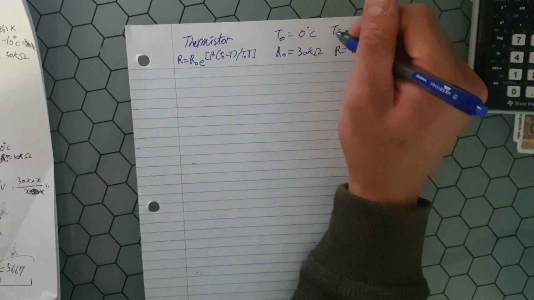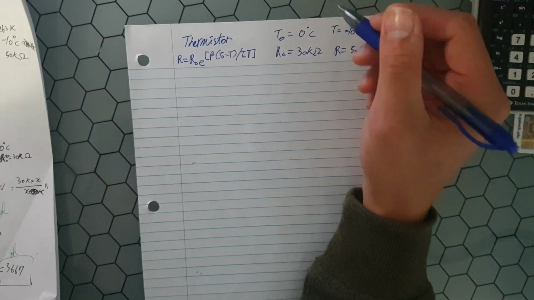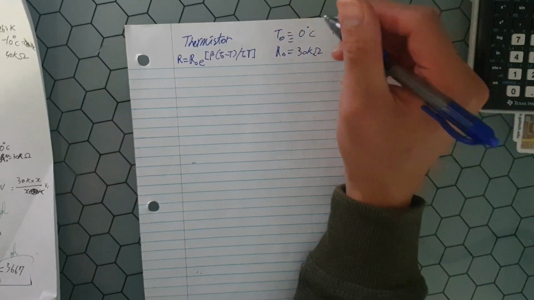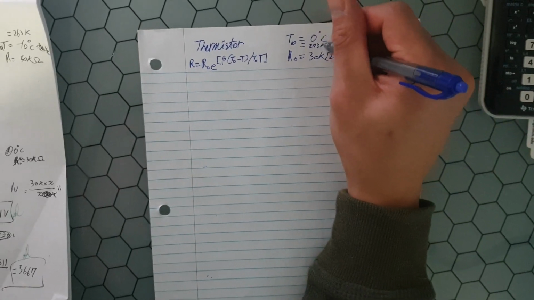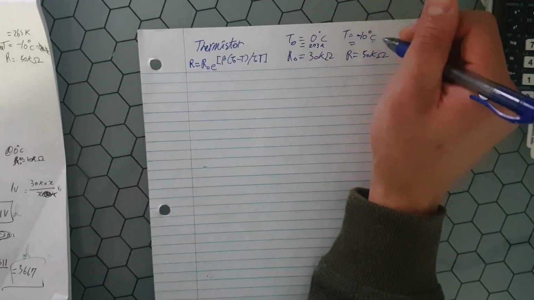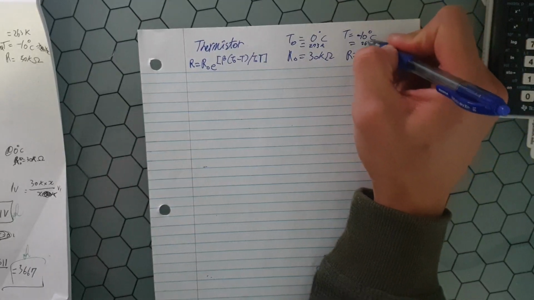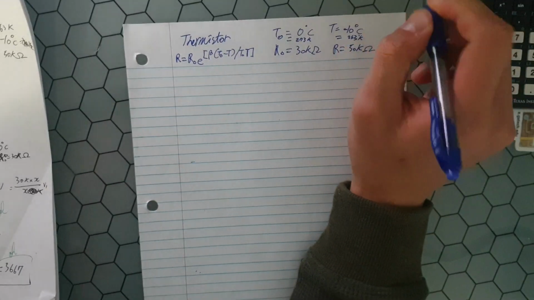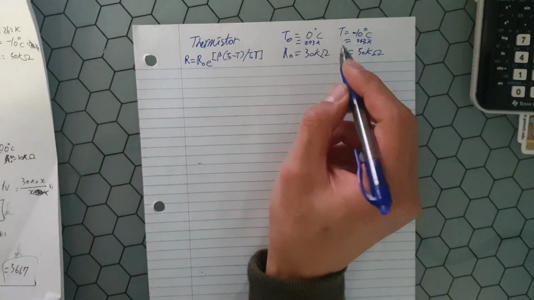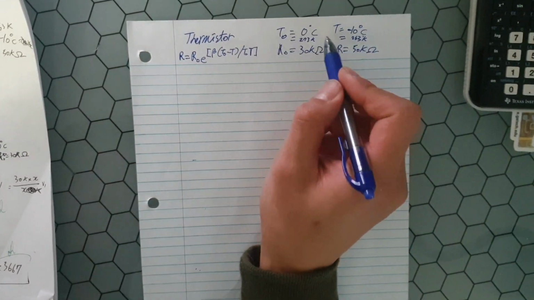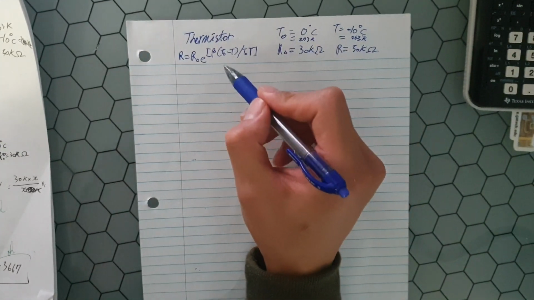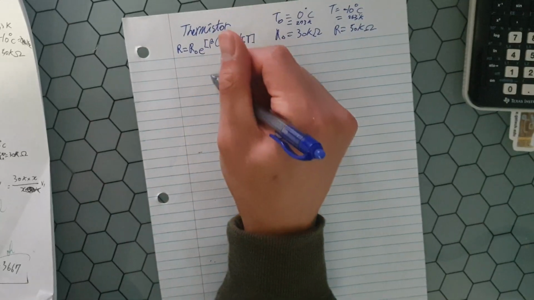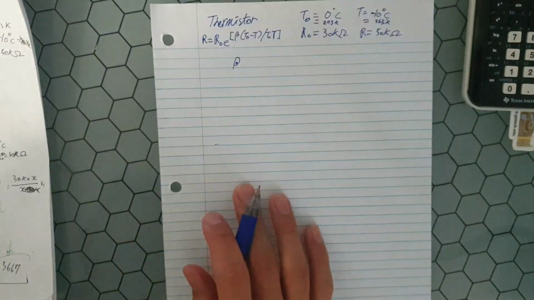And actually we need to use Kelvin for thermistor. So 0 degrees would be 273 Kelvin, and negative 10 Celsius would be 263 Kelvin. And we can put this number into this equation, and that's how we can get what beta is.